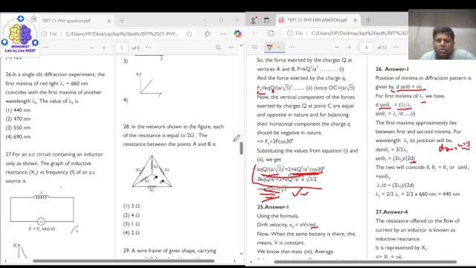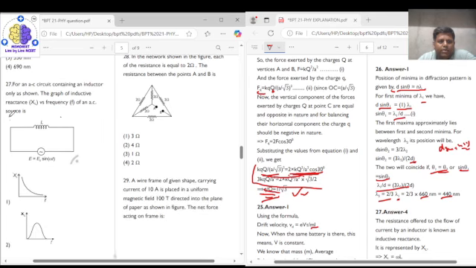Now because they are coinciding, theta 1 will be equal to theta 2, or we can say sin theta 1 = sin theta 2. So sin theta 1 is lambda 1 upon d, and sin theta 2 is 3 lambda 2 upon 2d. Equating this, we get lambda 2 = 2/3 times lambda 1, and because lambda 1 is 660, we get lambda 2 = 440. So the correct answer for question number 26 is option 1.